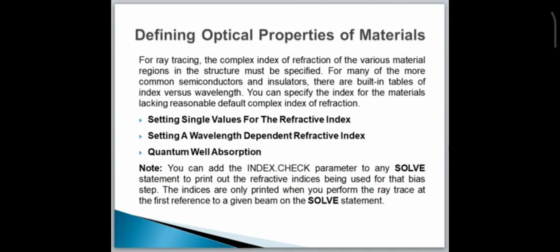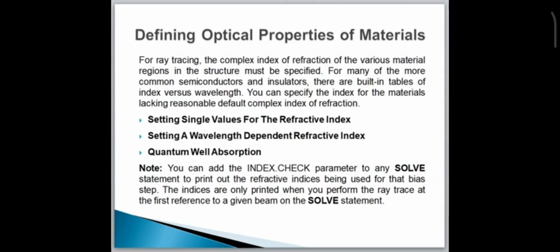In this slide, we will discuss how to define optical properties of the material. For ray tracing, the complex index of refraction of the various material regions in the structure must be specified. For many of the more common semiconductors and insulators, there are built-in tables of index versus wavelength.